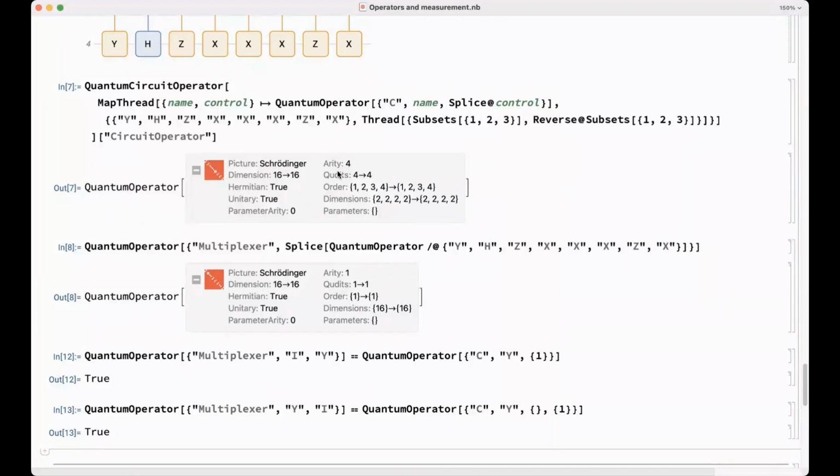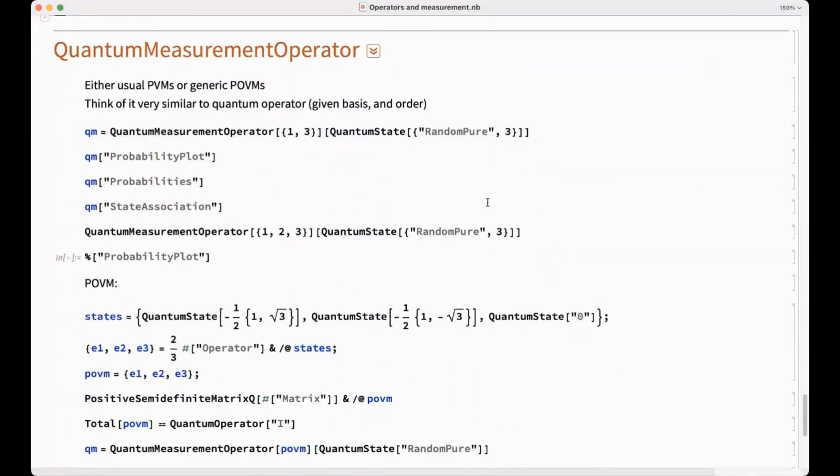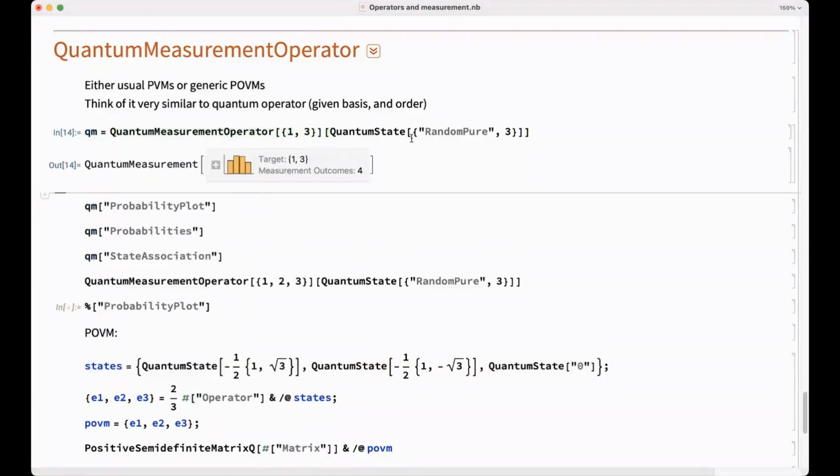Let's comment on quantum measurement operators. I don't think we are going to have time to discuss circuits, so we can discuss circuits next time in more detail. But remember, we already gave you a good taste of circuits on day one. As we said at the very beginning of this session, quantum measurement is very different from everything else we have in quantum. A big headache, lots of discussions about them, but for computational purposes, you can go with usual projective measurements, like here.